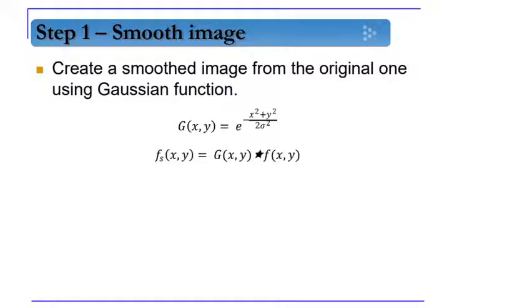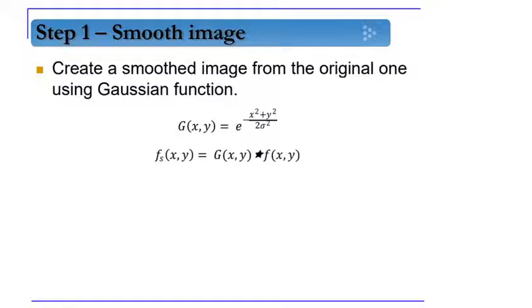Here we are going to use a two-dimensional circular Gaussian function to smooth the image. Smoothing the image means that whatever noise is present in the image will be removed. How will we perform this?